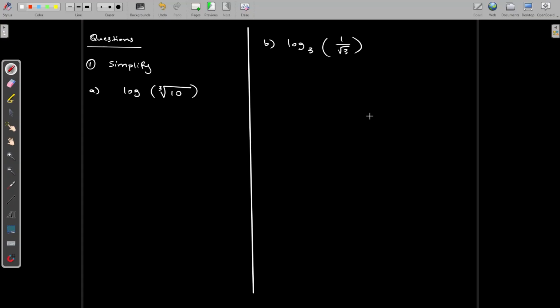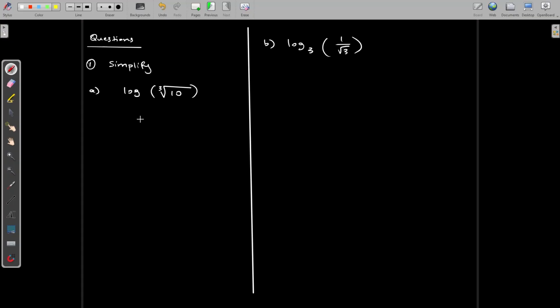For the first one, part A, I got 1 over 3. Yes, sir. What approach did you take for this one? Automatically, my brain was like, I need to rewrite the cube root of 10 because I didn't know how to move forward with that.